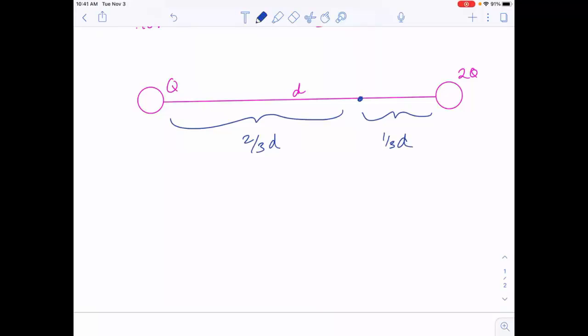Let's say that it's 2/3 of the way across. So this would be a point where the net force is not 0, the electric field is not 0, and the voltage is not 0.